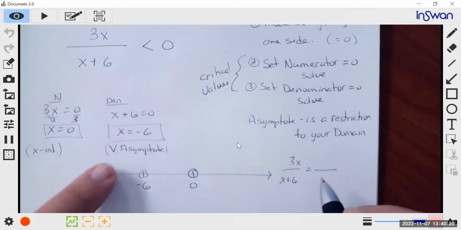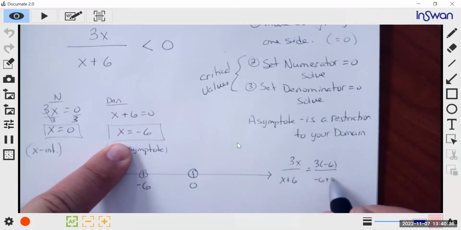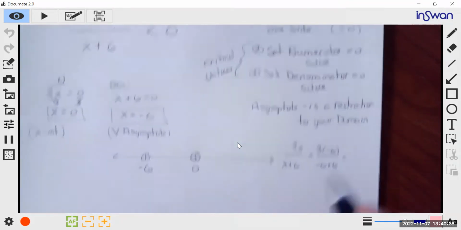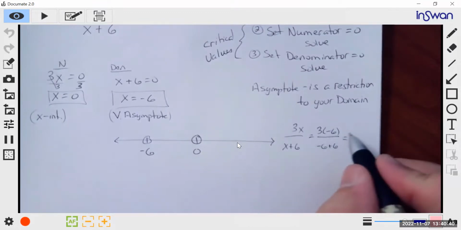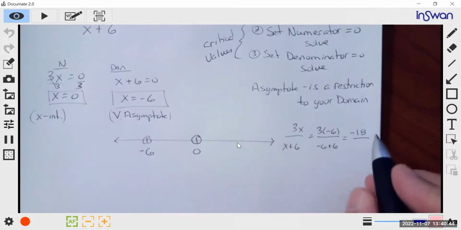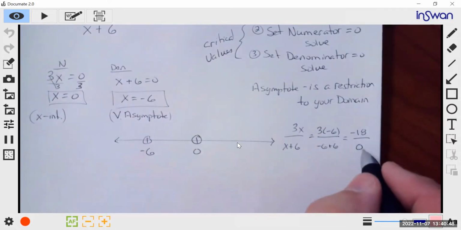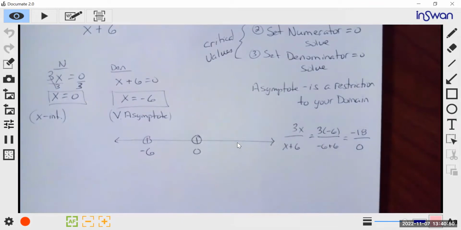If I put a -6 in place of x, so 3 times -6 is -18 on top. -6 plus 6 is 0. You cannot have a 0 on the bottom. That's why it's an asymptote. You cannot use that number.